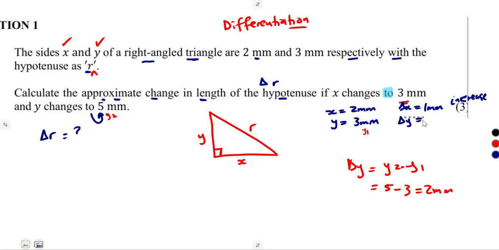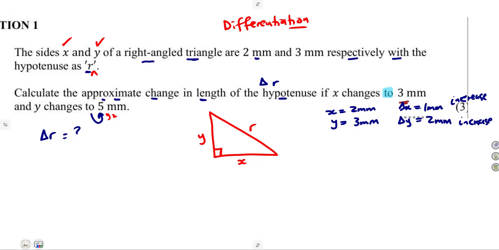That is the change in y. A positive means an increase. So as we can see, our x had an increase, y also had an increase. A decrease, you represent with a negative.